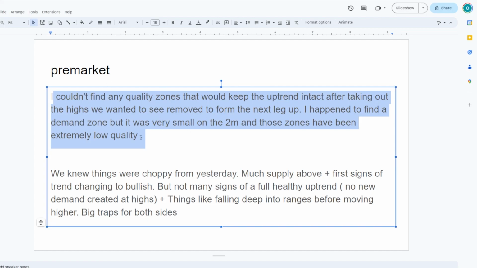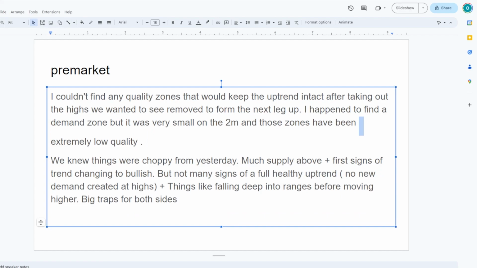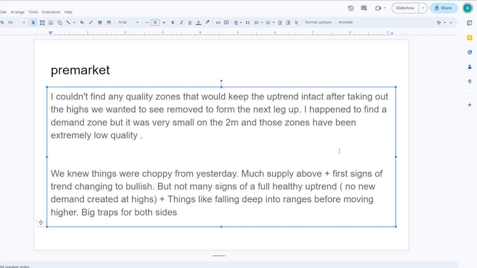Like if I see this happen again, let's not take a 2-minute demand zone if we were able to identify that there were no quality zones and these zones have been failing, right? So if I see this and look back and say, okay, history told me this happened before, let's not do it again. That's a way that simply having this journal and taking these notes, you as a trader can improve. So hopefully I won't make the same mistake again.